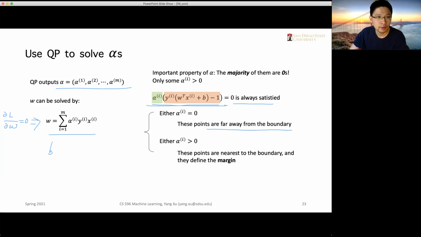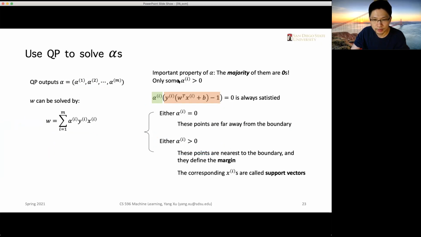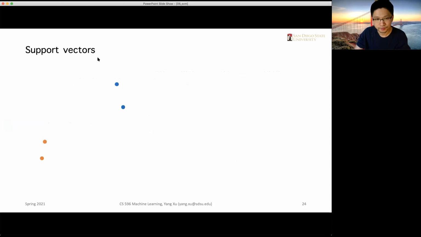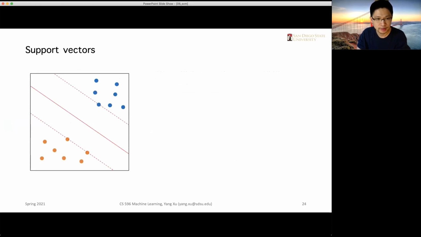So the points that correspond to the positive alphas are the so-called support vectors, because they support the decision boundary. They define the direction, they define the positions of the decision boundaries, okay? And that's where the name is from, okay? So if we look at the support vectors, in this case, those support vectors lie in these positions.